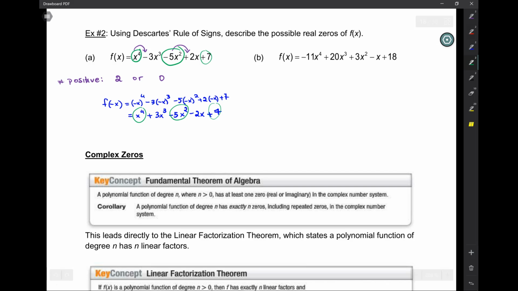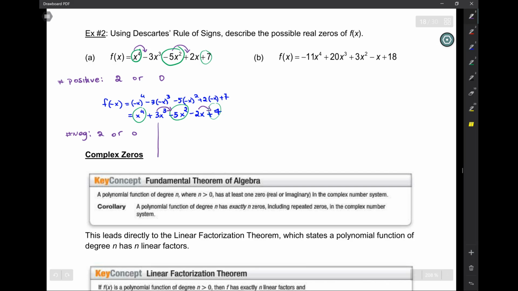Okay, so here, how many times do the signs switch? 1, 2. Okay. Sorry, my bad. I thought you were talking about B. So the number of negative ones is 2 or 0.